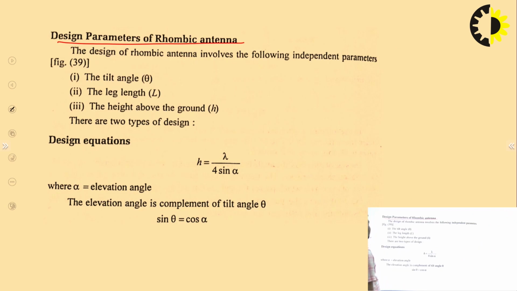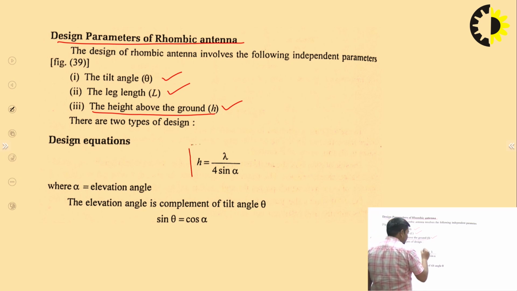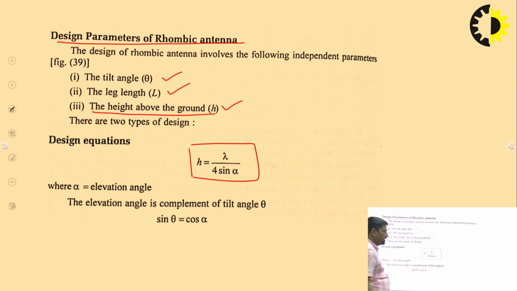So what are the design parameters of a rhombic antenna? We already discussed: the tilt angle theta, the length of the wire, and the height above the ground plane h. These are the main parameters to design a rhombic antenna. So what is the design equation? The first design equation is for the antenna height above the ground plane.